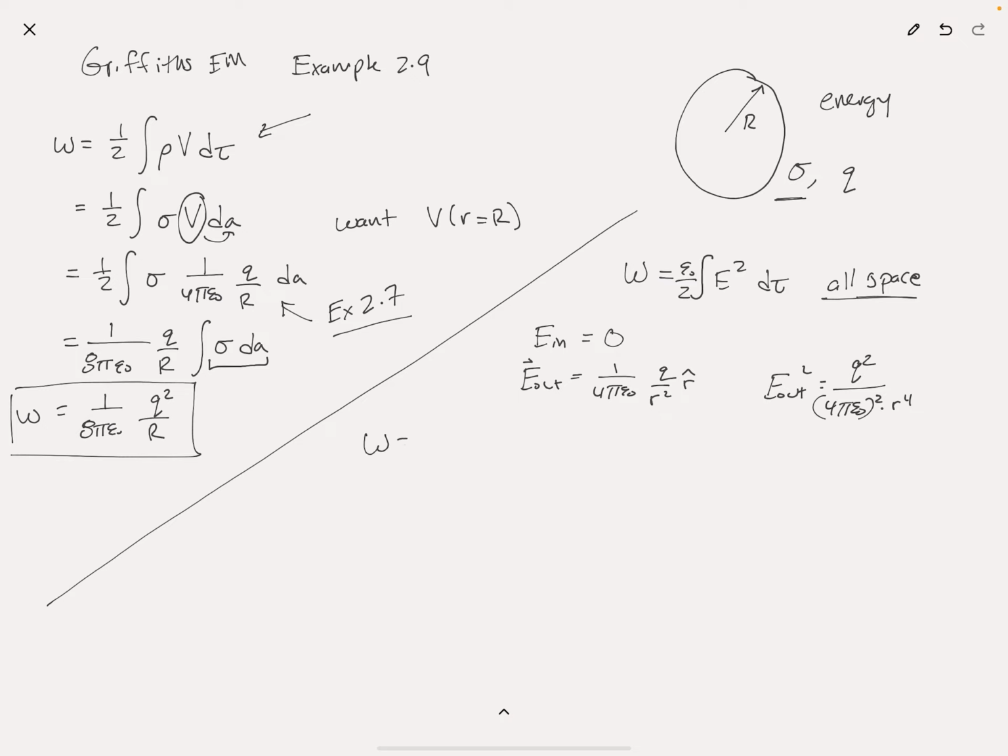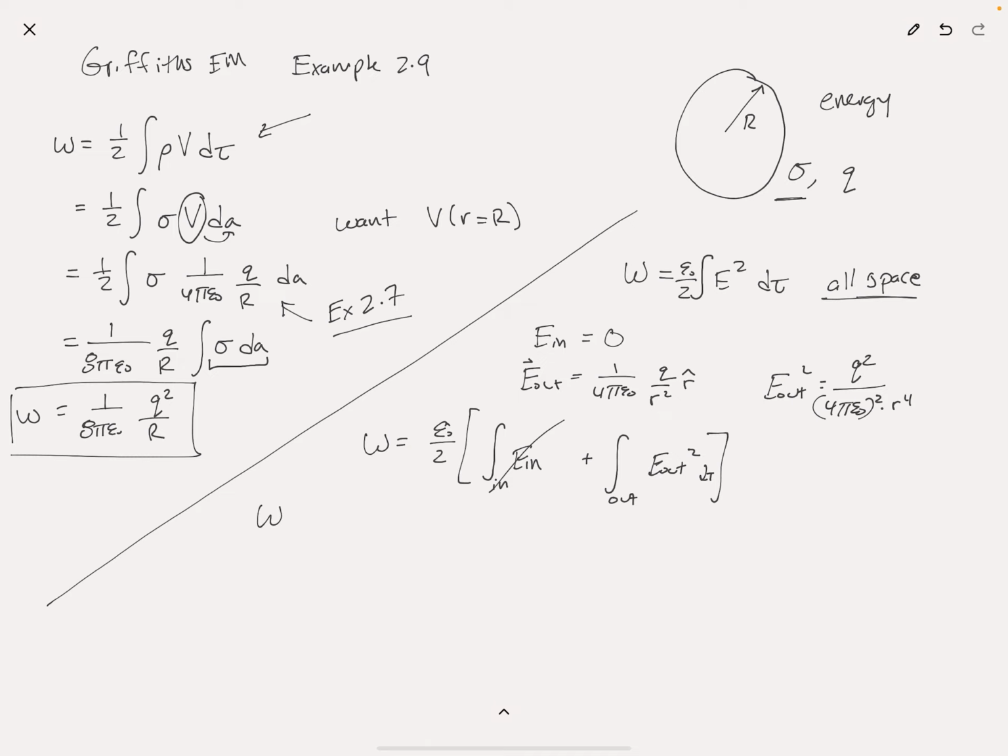So I can calculate the energy of this distribution by taking the integral over all space, inside my sphere plus outside of my sphere. I included the inside, but we know it's 0 because E inside is 0.